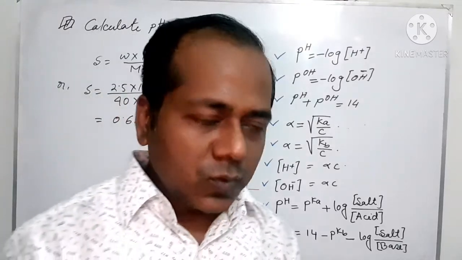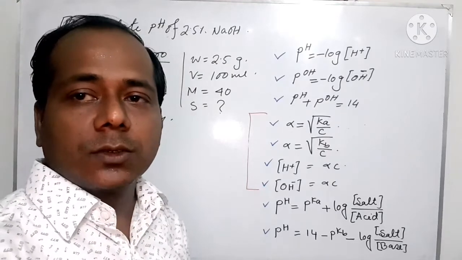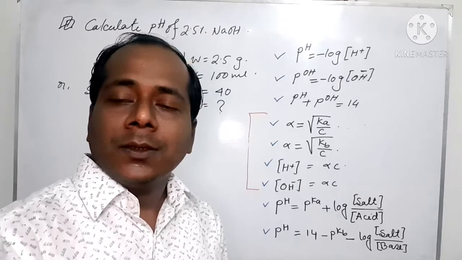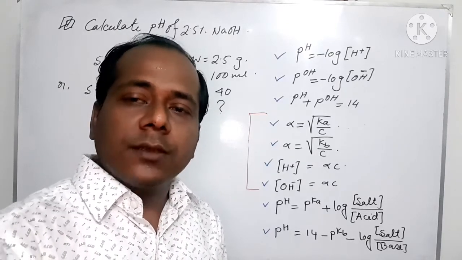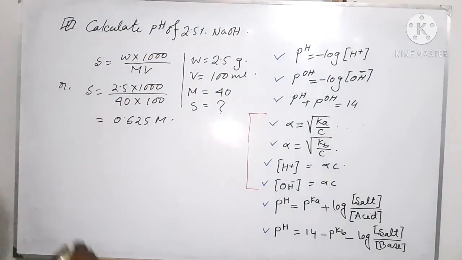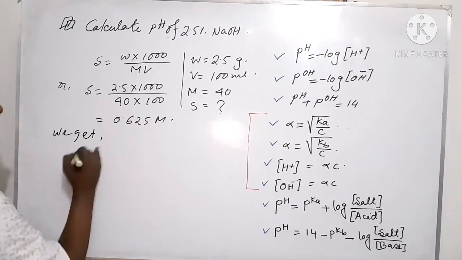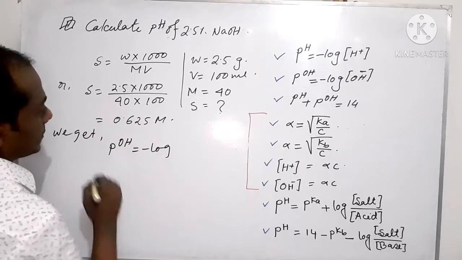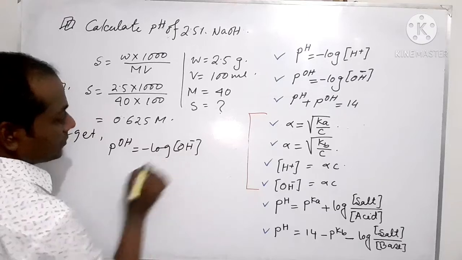Now one thing, here given sodium hydroxide solution, so at first we have to calculate the pOH of this solution, and then we calculate the pH of this solution. So we get pOH equal to minus log of molar concentration of hydroxyl ion.